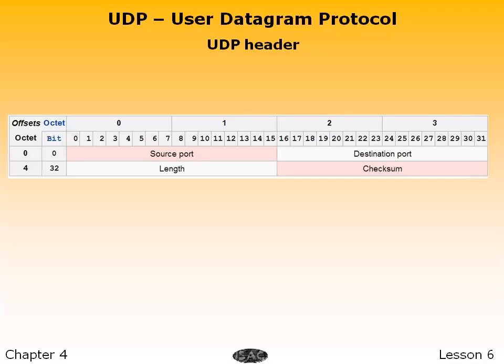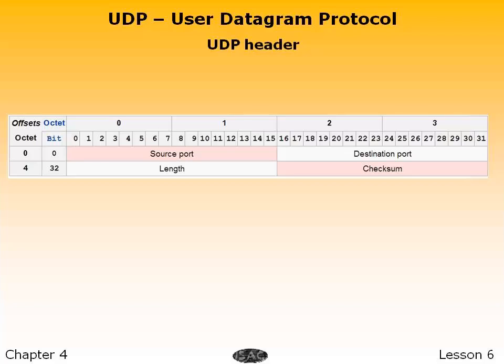When UDP runs over IPv4, the checksum is computed using a pseudo header that contains some of the same information from the real IPv4 header. The pseudo header is not a real IPv4 header used to send an IP packet. It is used only for the checksum calculation. The source and destination addresses are those in the IPv4 header.